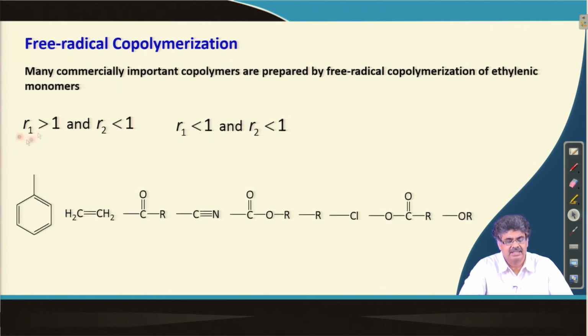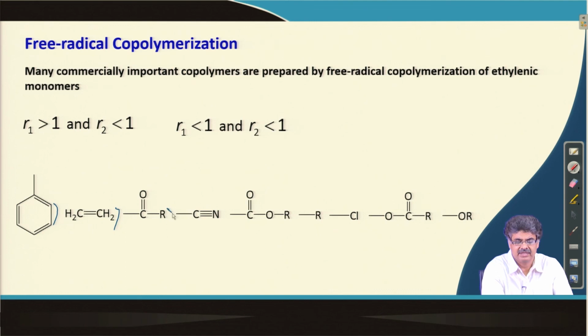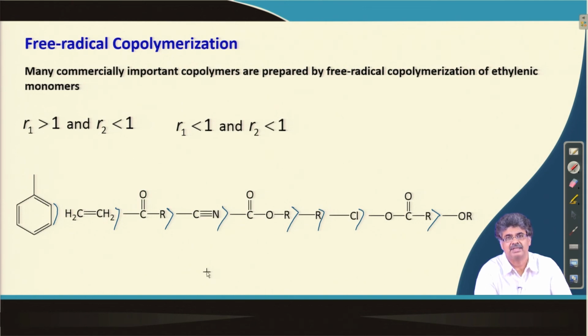And this R value depends on the reactivity of the monomer, and typically for free radical copolymerization the reactivity order is given by this. The reason is steric and resonance stabilization of the resulting propagating radical, which we discussed earlier.